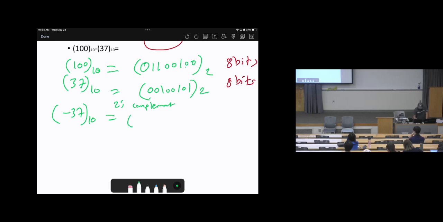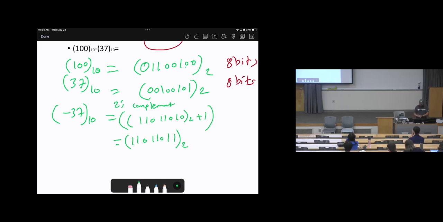So replace any 0 by 1, any 1 by 0. It will be 1, 1, 0, 1, 1, 0, 1, 0, plus 1. Do you agree? Then it will be 1, 1, 0, 1, 1, 0, 1, 1. This is the negative 37 in this representation.